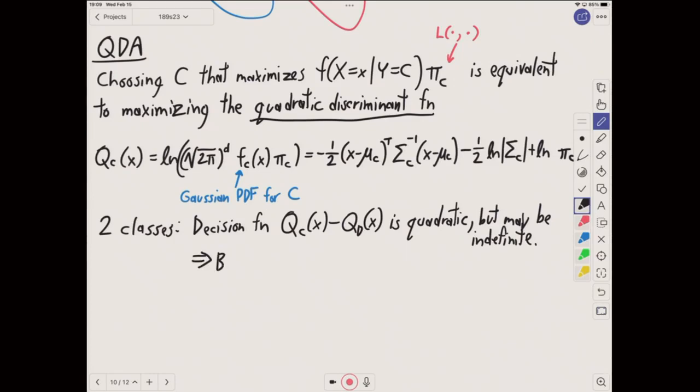And so what that means is that the Bayes decision boundary is a quadric. Reminder that quadric is just a fancy name for the solution of a quadratic equation in arbitrary dimensional space. If it's 2-dimensional space, it's a conic section.